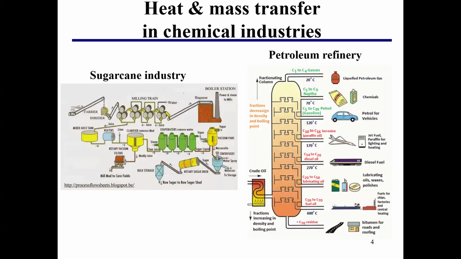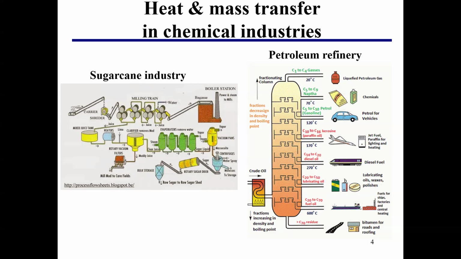Heat and mass transfer is a core subject for chemical engineering, as it lays the foundation based on which you can design process equipment. So chemical engineers are also known as process engineers, and we ultimately design these process equipment, or that's the main purpose for which chemical engineering evolved.